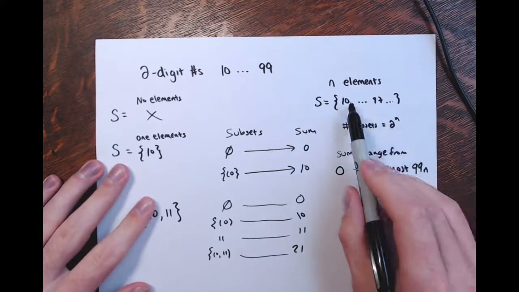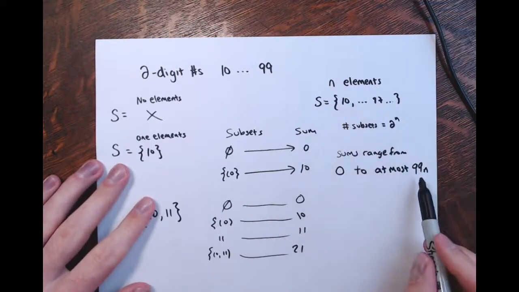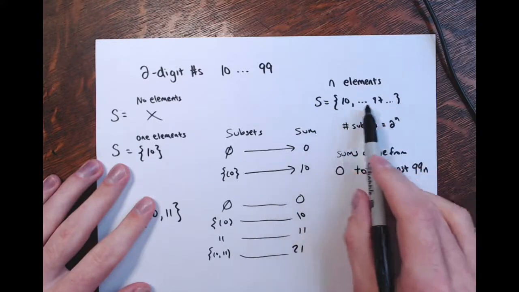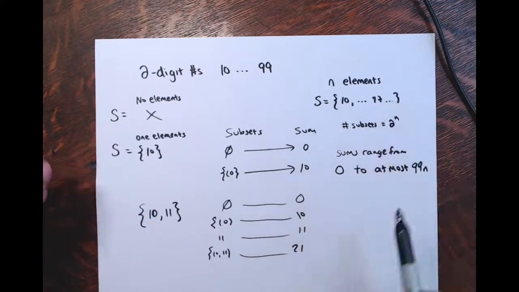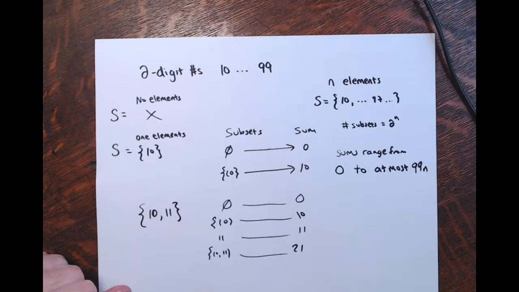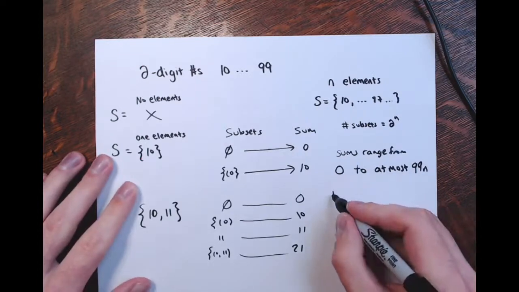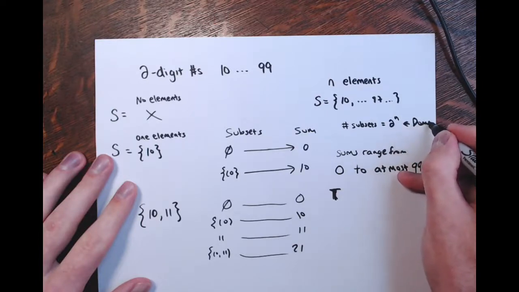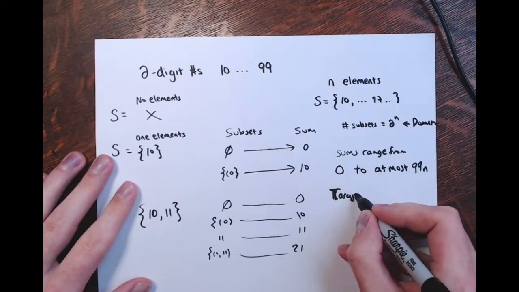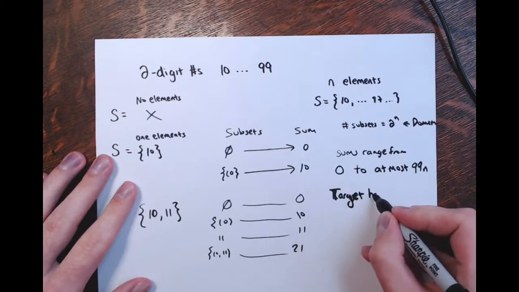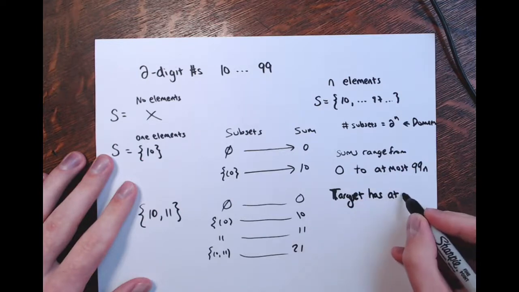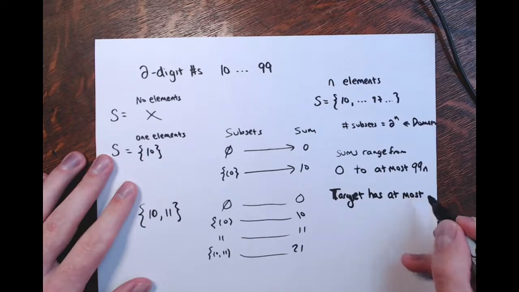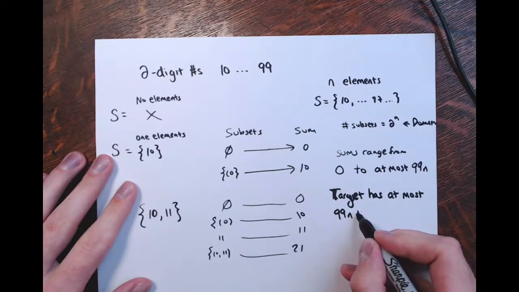Because every single number is less than or equal to 99, so the sum of all n of them will be less than or equal to 99 times n. So the elements of the domain, and then the target has at most 99n plus 1 elements.